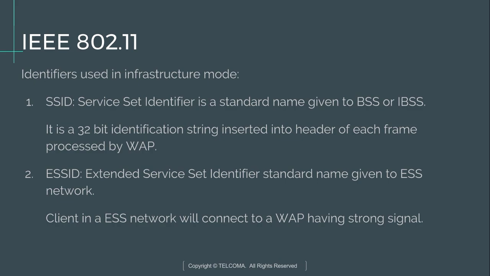It is a 32-bit identification string inserted in the header of each frame processed by the WAP. SSID defines the area having a single WAP, whereas ESSID, the extended service set identifier, is the standard name given to the ESS network and defines the area having a number of WAPs. A client in an ESS network will connect to the WAP having the strongest signal.